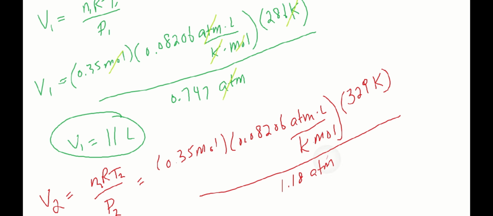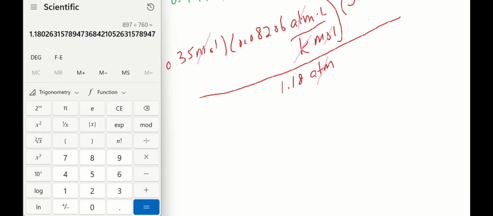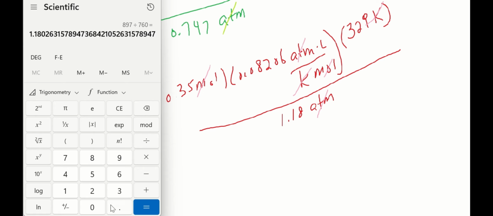All right, atmospheres are going to cancel numerator and denominator, moles up and down, Kelvin top and bottom. And we're left with units of liters. So we got 8 liters.